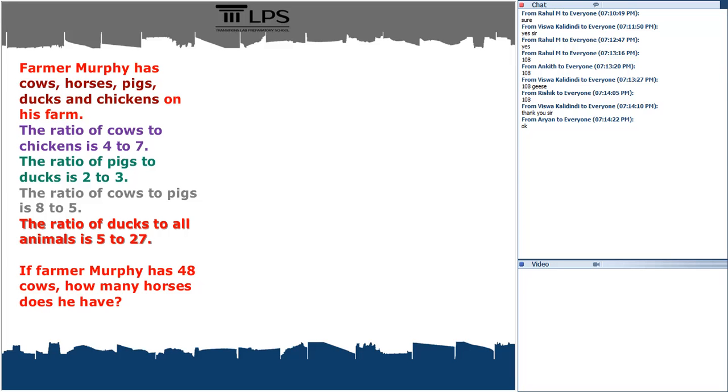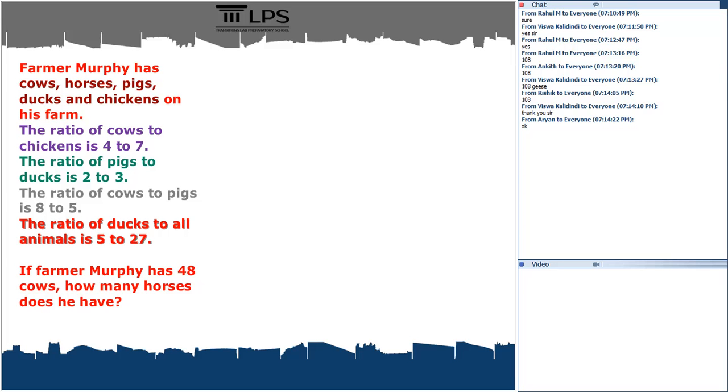Similarly, the ratio of pigs to ducks is 2 to 3. Then the ratio of cows to pigs is 8 to 5. The ratio of ducks to all animals is 5 to 27. If Farmer Murphy has 48 cows, how many horses does he have?